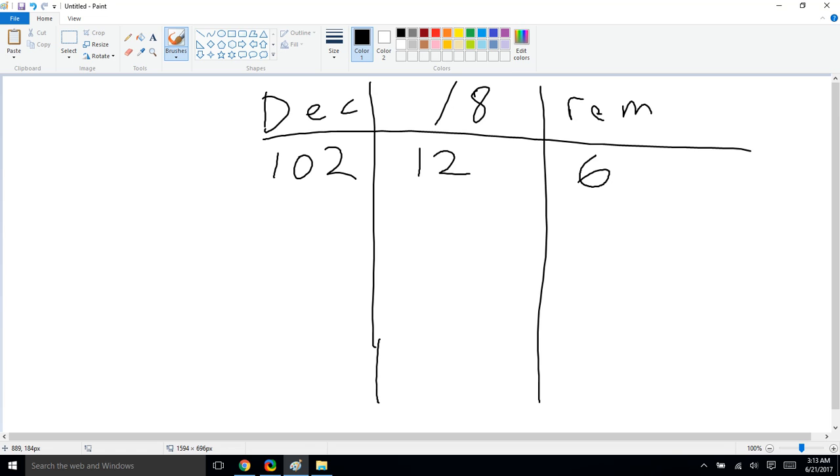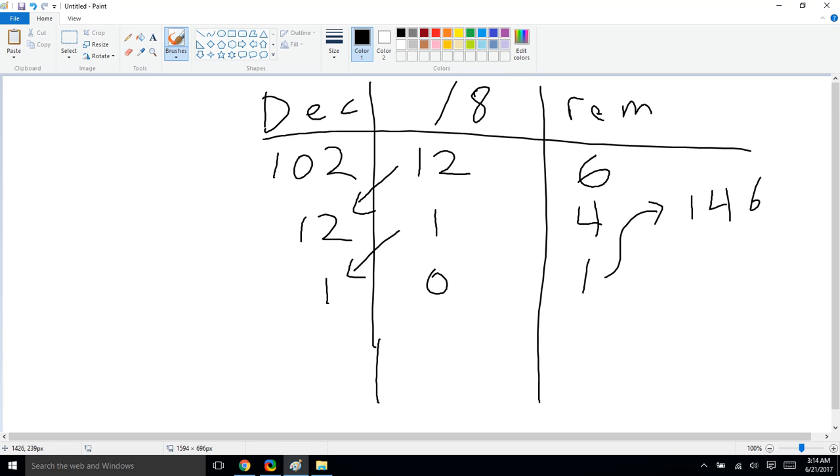Okay, so then we would take 12 as the next thing to look at here. 12 divided by 8 only goes in 1 time and has a remainder of 4. And then we have just the 1 left over. It doesn't divide 8 at all and has a remainder of 1. So this should be 146 in base 8, which should be equal to 102 in base 10.